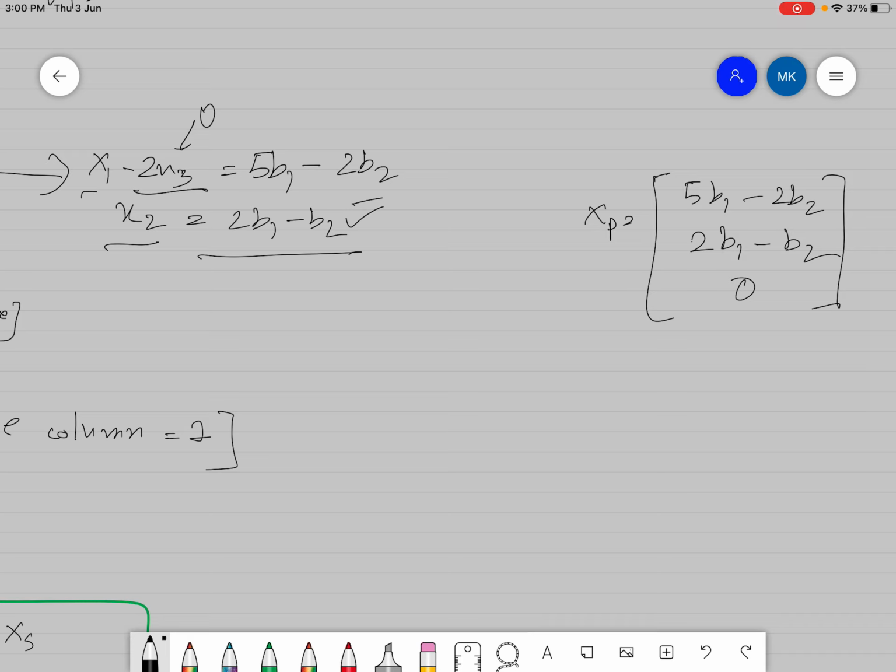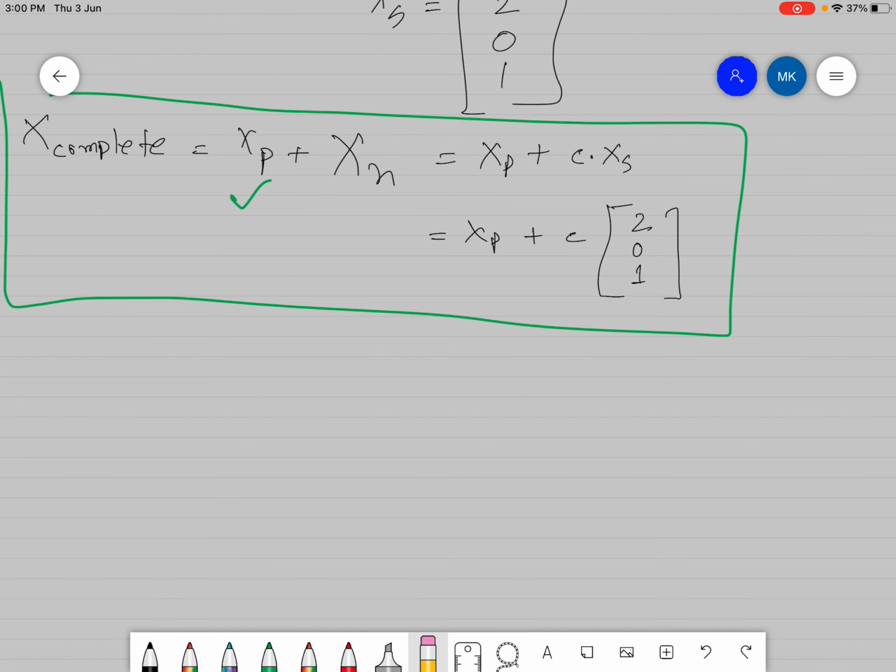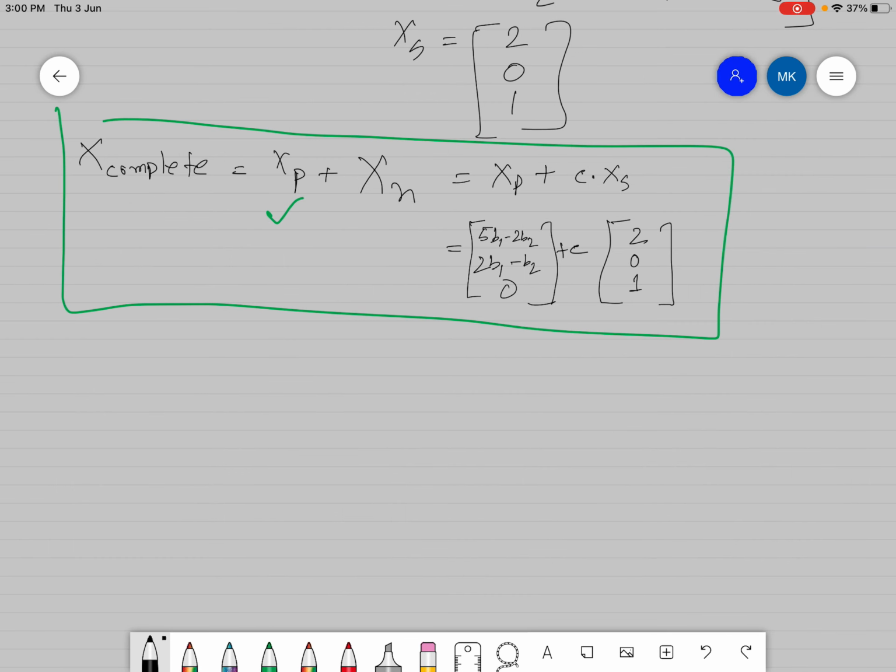Okay, so we solve the xp. So our xp here should be 5b1 minus 2b2, then 2b1 minus b2, and 0. Okay, so now we have solved it completely.